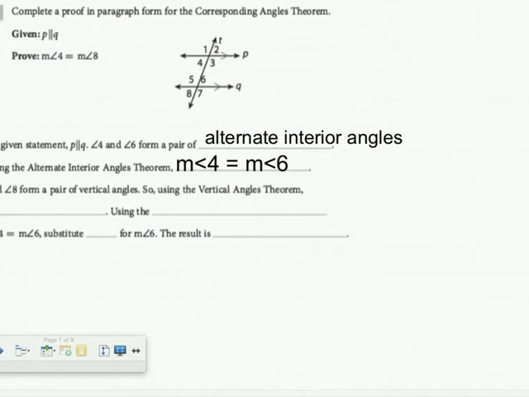And since angles 6 and 8, notice, are vertical angles, we can use the vertical angles theorem to say that the measure of angle 6 equals the measure of angle 8.